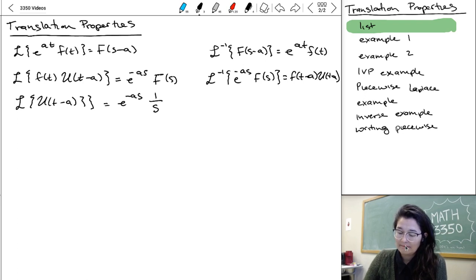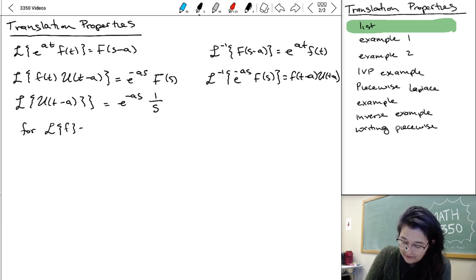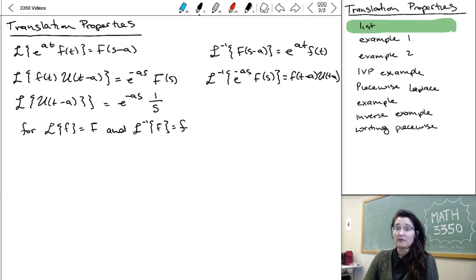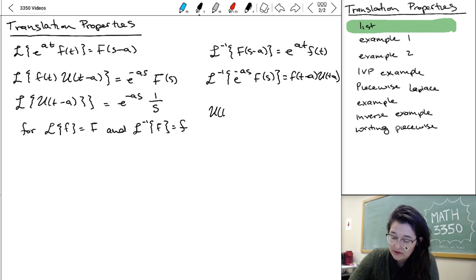And all of these were written with the assumption that L of little f is big F and L inverse of big F is little f. That's just the notation we use. And that special function u is what we're going to be talking about in the second half of the videos. But just so you have it in one place, I want to write down that it's defined this way.